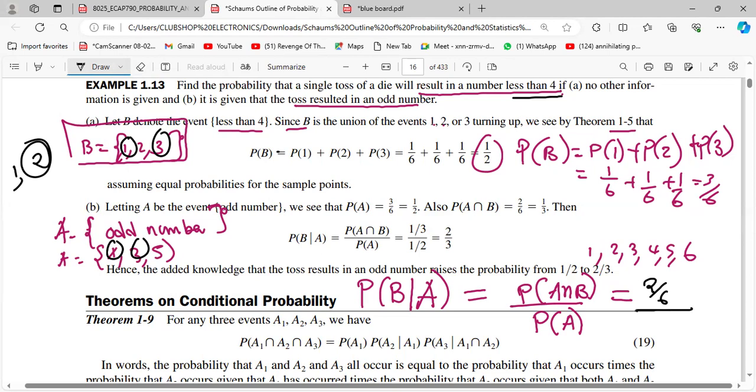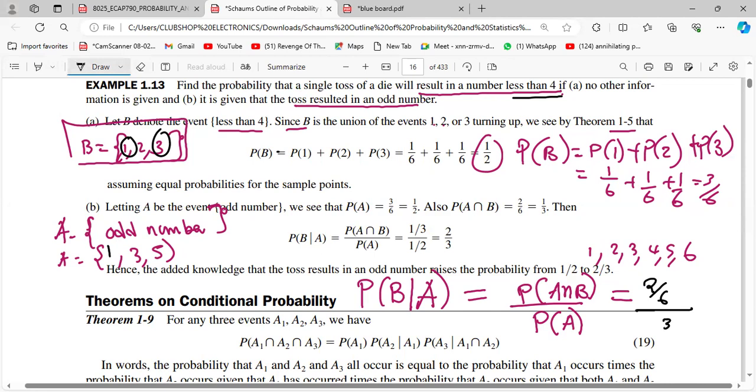Then this is divided by the probability of A. And what is our A? Our A is an odd number, right? And how many odd numbers do we have? There are 3.